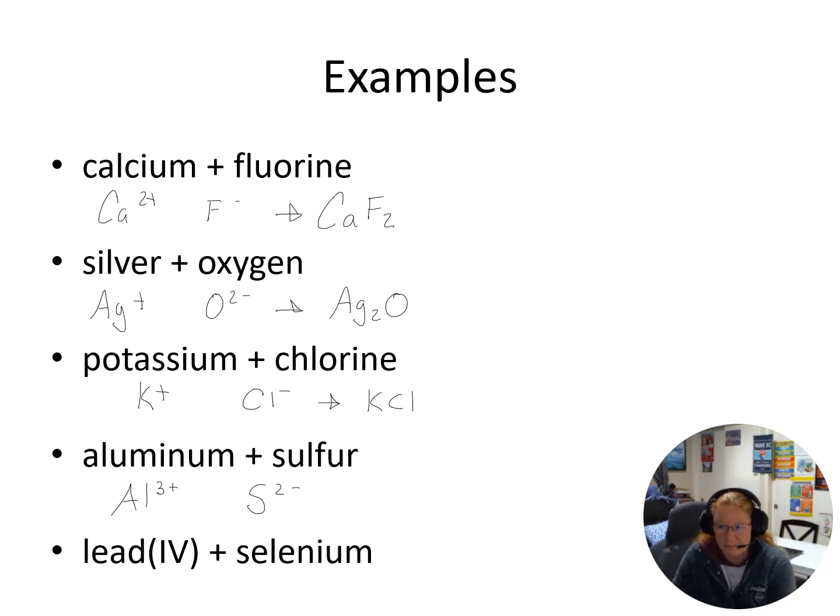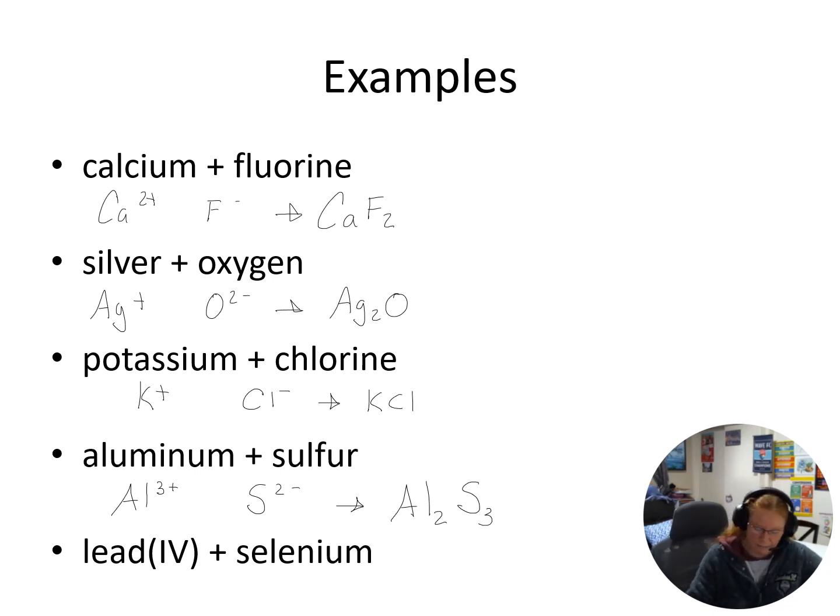What common number is divisible by both 3 and 2? 6. So how many +3 charges do I need to get to 6? I need 2. And how many -2 charges do I need to get to 6? I need 3. So I'm going to get Al2S3. Okay. All right, now my lead. This time we're looking at a lead 4.